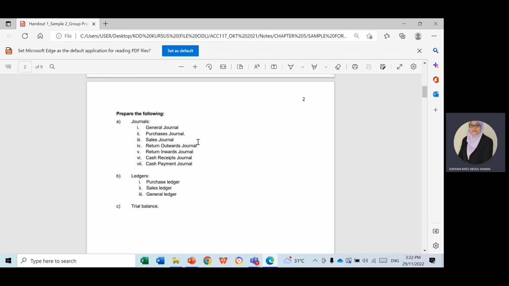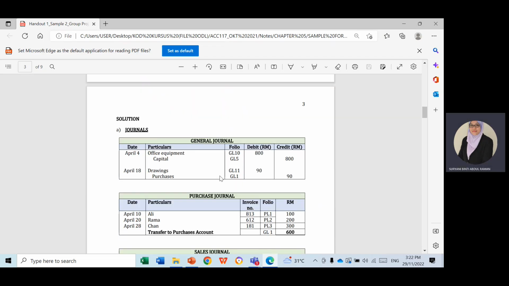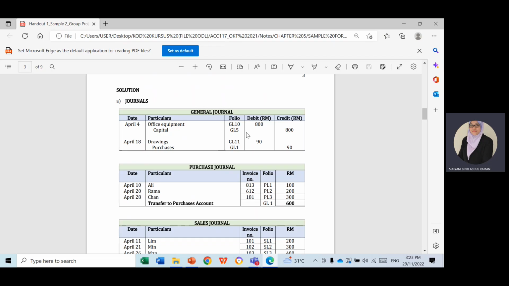So we will start the journal by opening the general journal. These are the example of the answer. The answer is the same as discussed in the previous slide just now. I just combine it together to show how we prepare the full sets of accounts, starting from the transactions collected from the source document to the preparation of journal, posting to ledgers, and finally to prepare the trial balance.